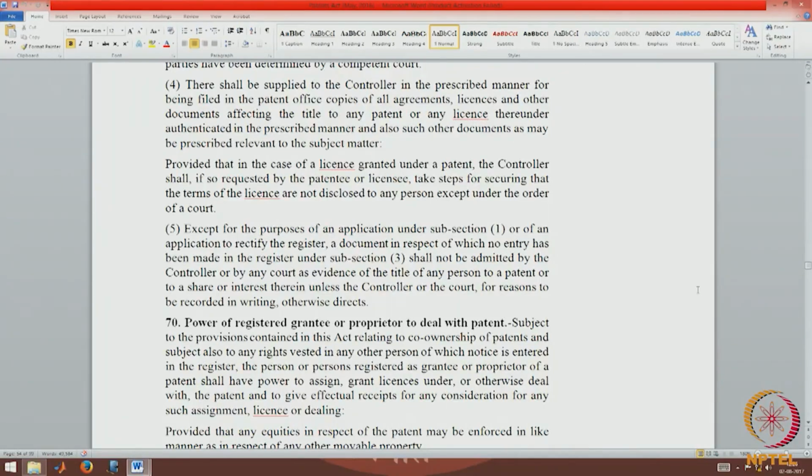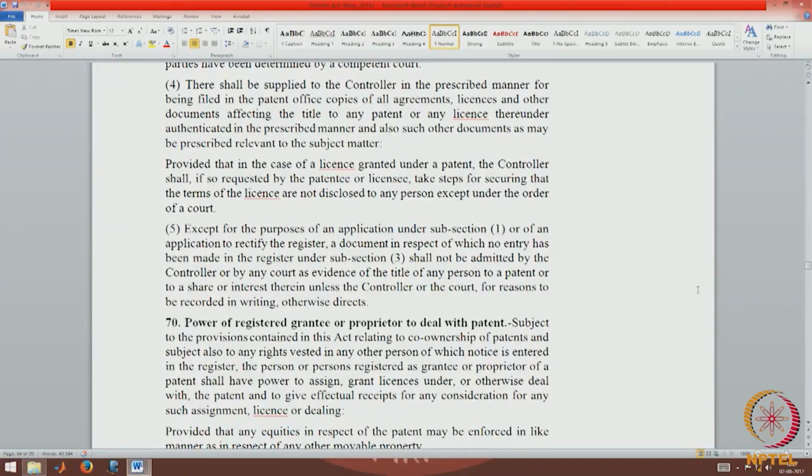So, if the records do not show you as the owner of the patent or as the owner of an interest or an exclusive licensee, then even if you file an infringement suit saying that you are the owner, but you have not corrected the records in the register of patents, there could be an objection, and if an objection is raised, the court or the controller will not consider the fact that you had an assignment unless that assignment is taken into record and the register has been rectified. So it will not be admitted as evidence.